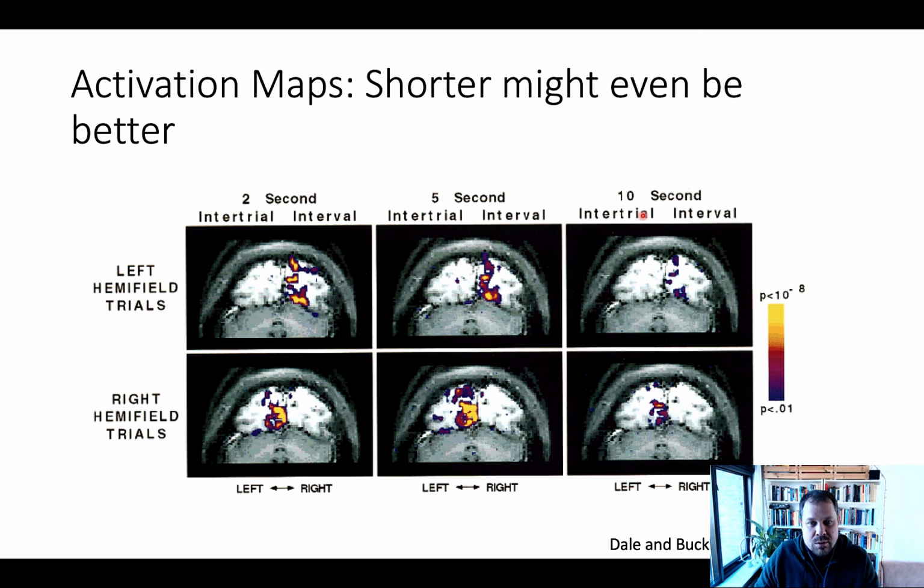This is almost a slow event-related design where you have a much lower extent of activation and much lower p-values. So this is an illustration that fast event-related design, under specific circumstances, namely when stimuli are randomized, can have advantages also in terms of detection power.